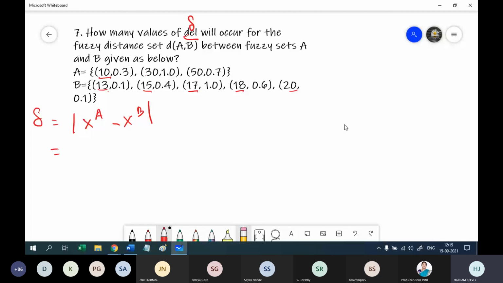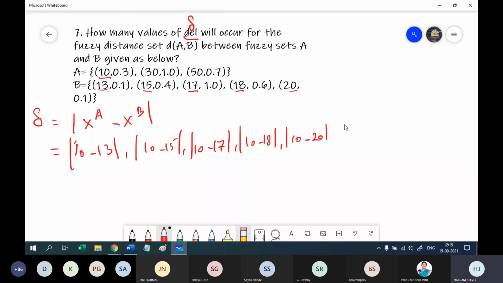So 10 minus 13 first. Then 10 minus 15, 10 minus 17, 10 minus 18, 10 minus 20.